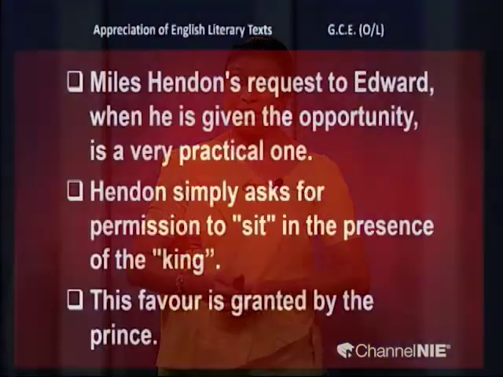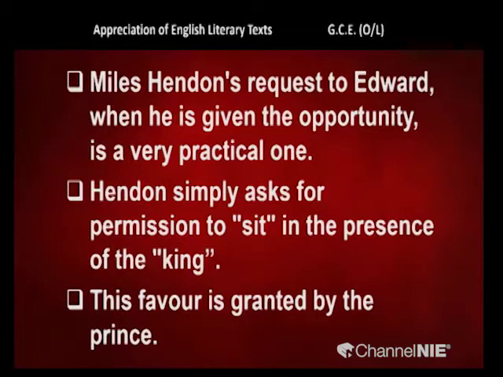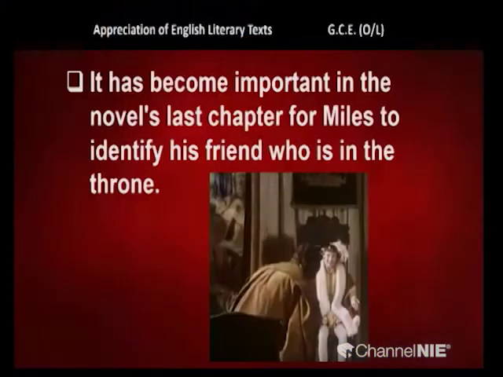Miles Hendon's request to Edward, when he is given the opportunity, is a very practical one. Hendon simply asks for permission to sit in the presence of the king. This favor is granted by the prince. It becomes important in the novel's last chapter for Miles to identify his friend who is on the throne.